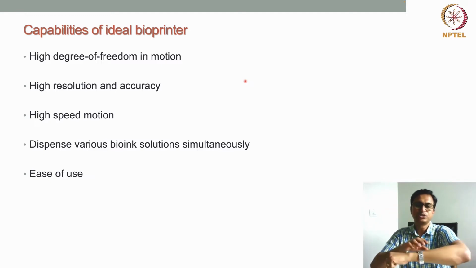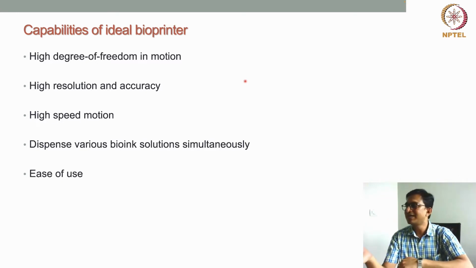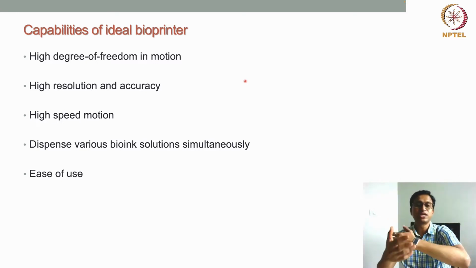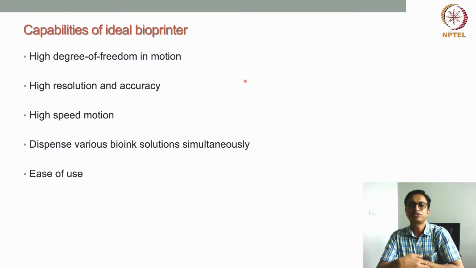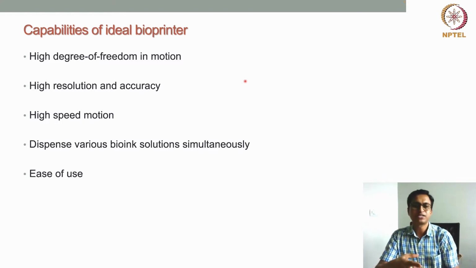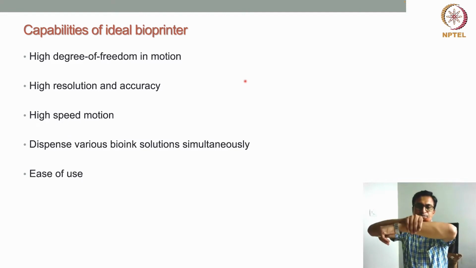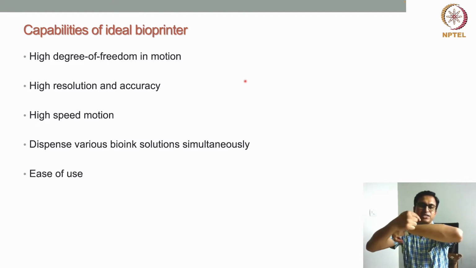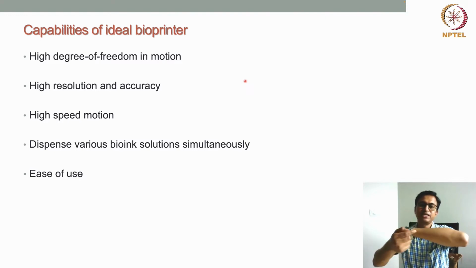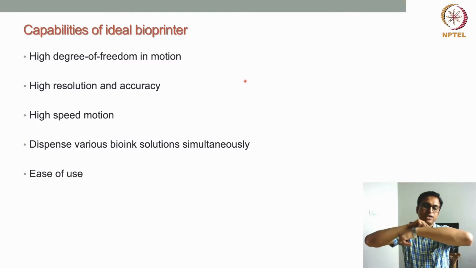But when I'm thinking about translating this technology to the clinics, most of the time I have to print directly on the wound bed. There it would not be a planar surface, it can be a non-planar surface. If the printer doesn't have a high degree of freedom, then it cannot print on a non-planar surface.